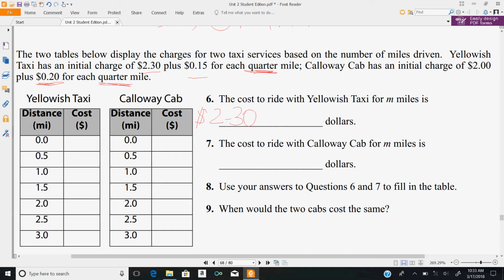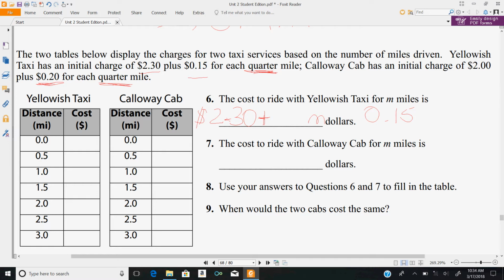Okay? That's a decimal point. My stylus doesn't make points very well. They end up being lines. 2.30. For each quarter mile, I'm going to add 0.15, but m is not the number of quarter miles, it's the number of miles. So for a mile, I'm going to add 4 0.15s.